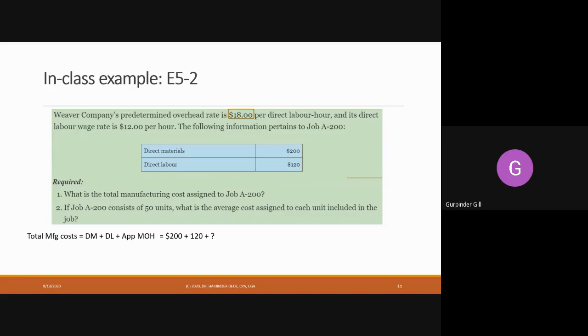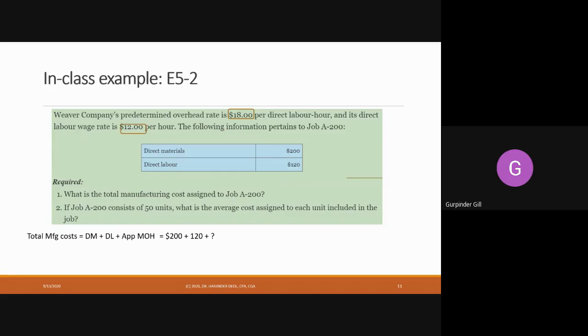Now here we know that the predetermined overhead rate that is already established by the company is $18 per direct labor hour. So the allocation basis the company is using here is direct labor hours. So all we've got to do is determine how many direct labor hours were spent on this job. We already know the rate for the predetermined manufacturing overhead.